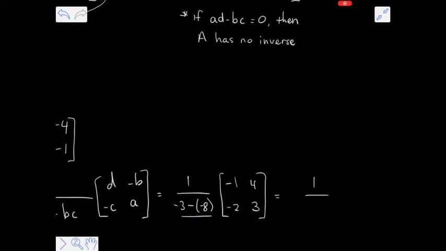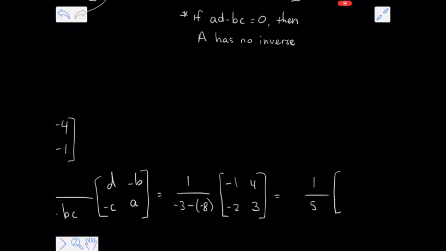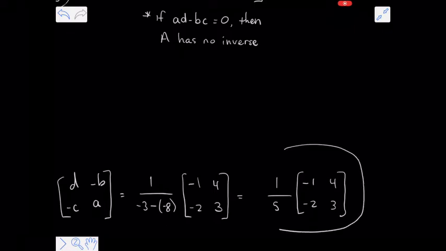Now simplify this. Subtract negative 8 really means plus 8, so negative 3 plus 8 is 5. Now, you can do one of two things here. I'm actually okay if you stop with this form of it, meaning you don't need to multiply the scalar 1/5 into the matrix.